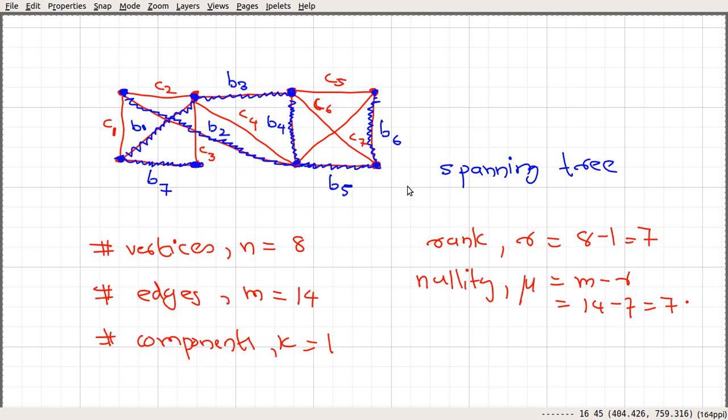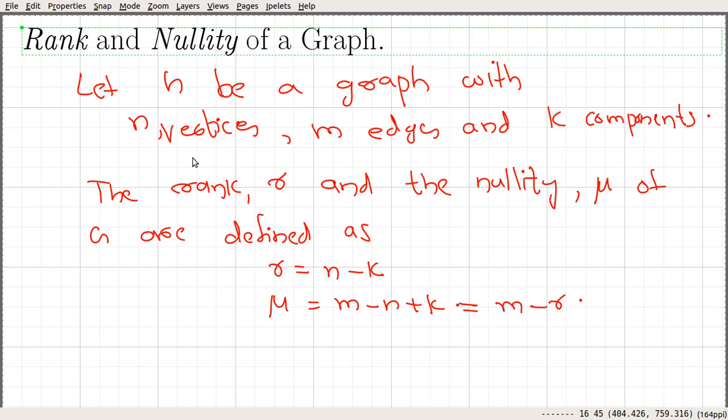So let's go and write something here. The rank is defined to be the number of vertices minus the number of components, and the nullity is the number of edges minus the rank of that graph.